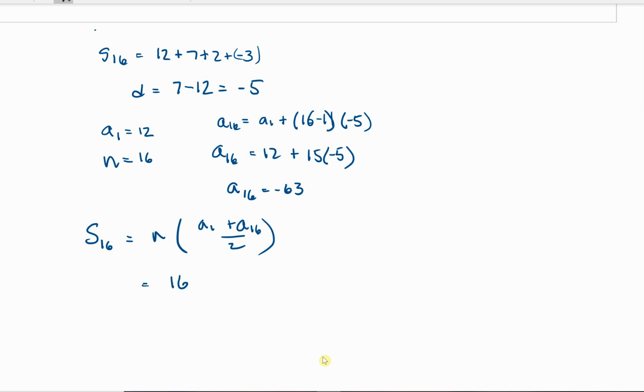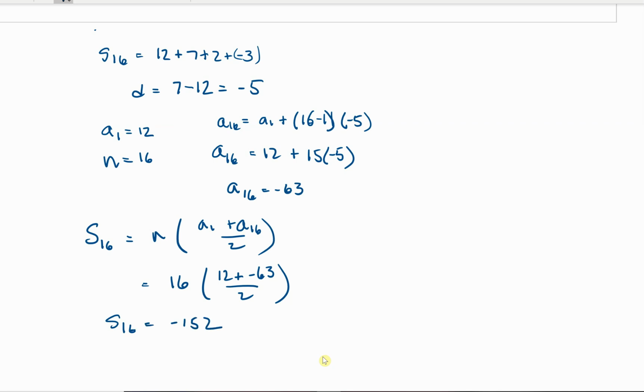So that's going to be 16 times 12 plus negative 63 divided by 2. 12 plus negative 63 is negative 51 divided by 2 is negative 25.5 times 16 gives us... I divided by 16... negative 152.